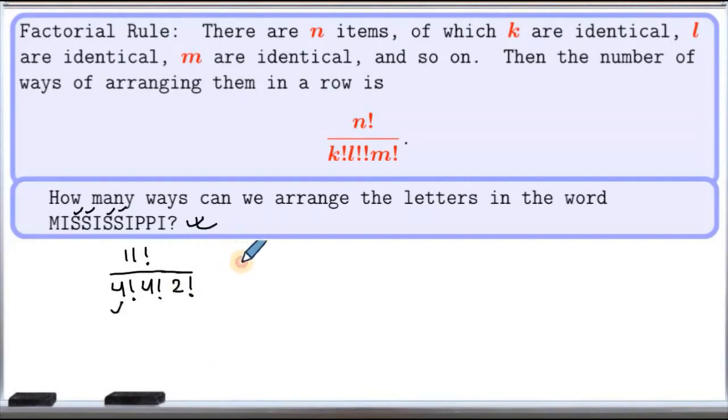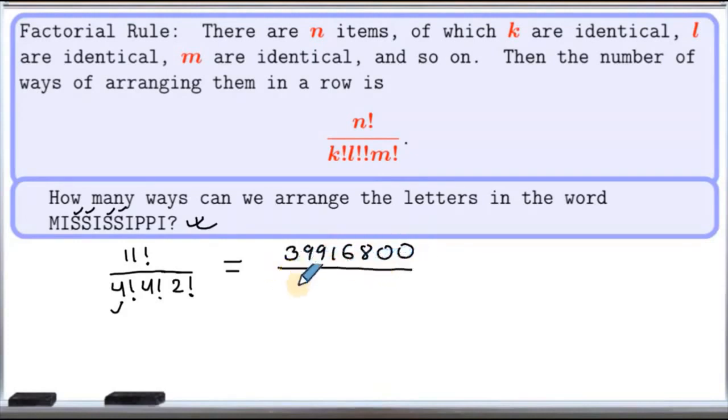So using my calculator, for 11 factorial, I got 39,916,800.